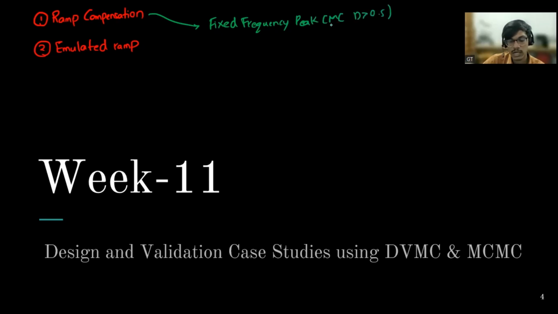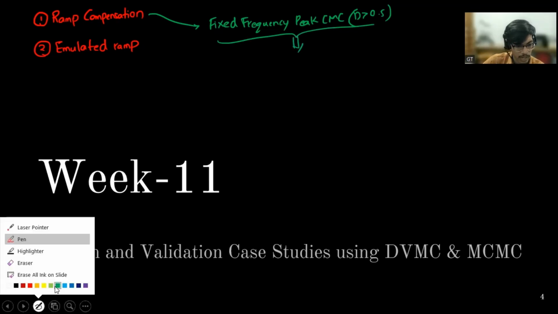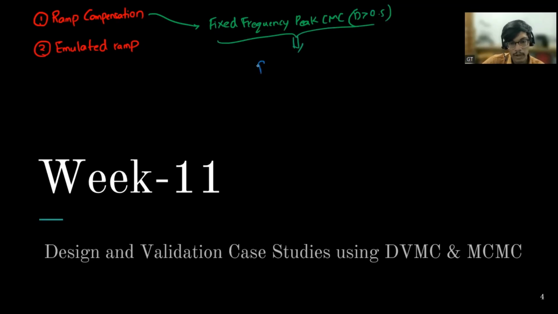We have seen that it is unstable, and to make it stable, we have to add an additional ramp. So the ramp has to be added to IL to make it stable.